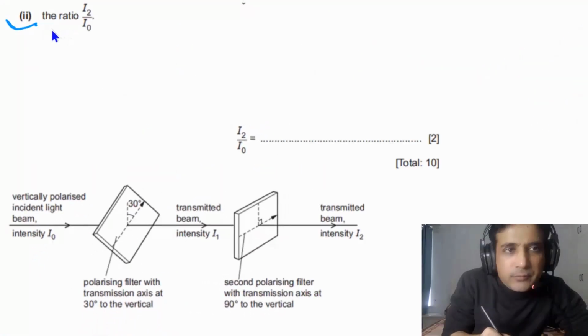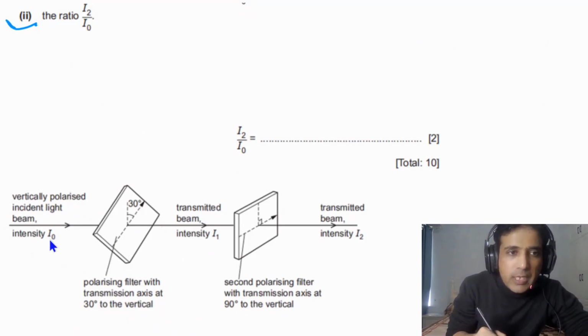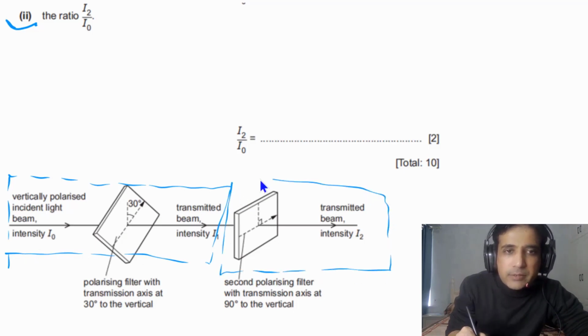For the second part, we need to find the ratio between I2 and I0. So we will divide into two parts: this is the first part and this one will be the second part.